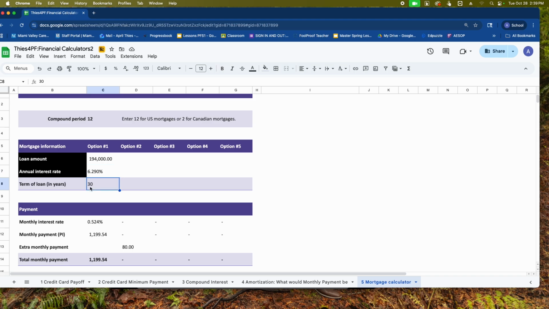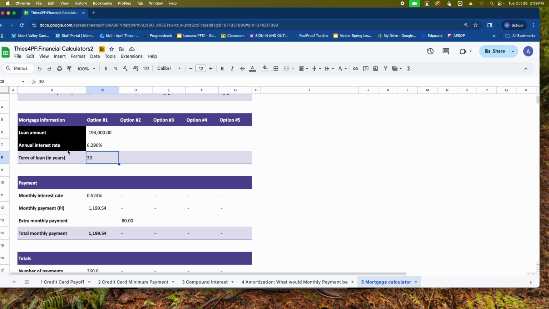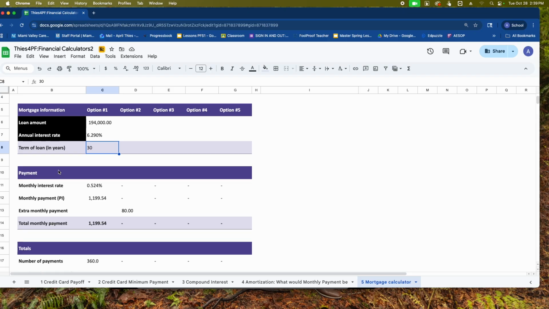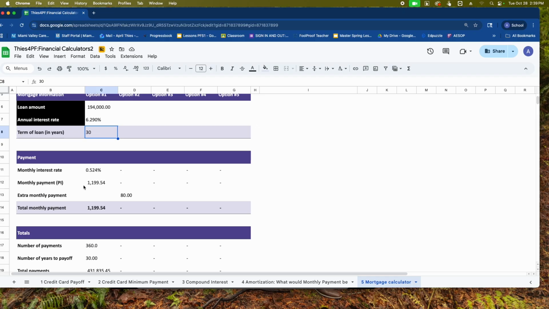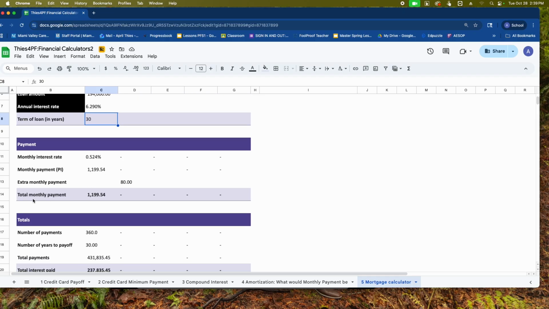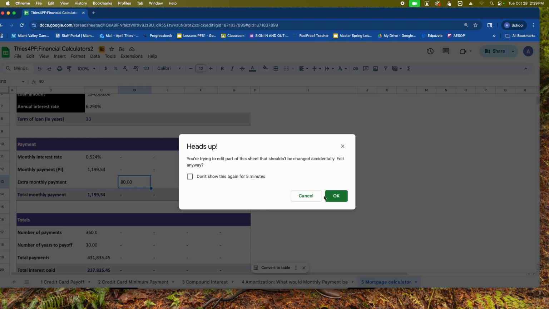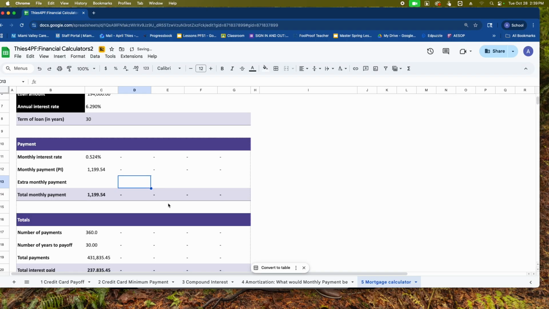Now, there are a lot of different things in here that you can take a look at. For the monthly payment, you can see down here is PI, which is the principal and interest, and the total monthly payment is right here. That is going to be $1,199.54, again with this 6.29.